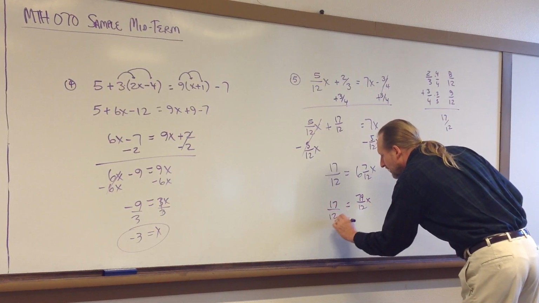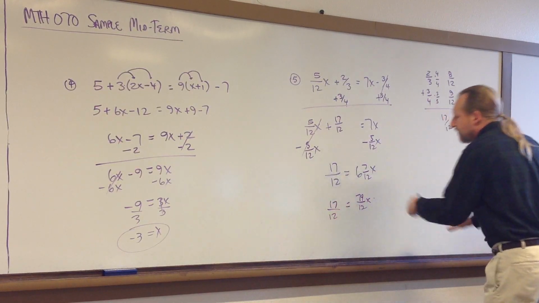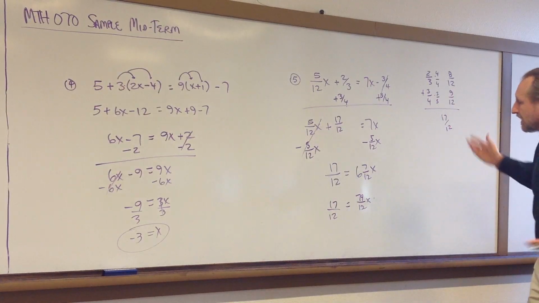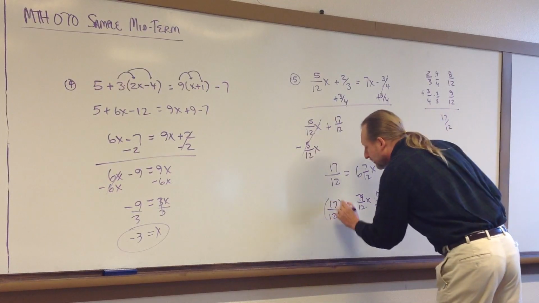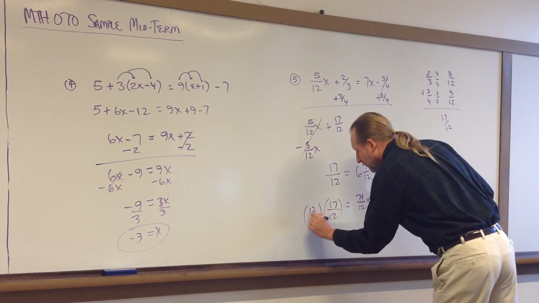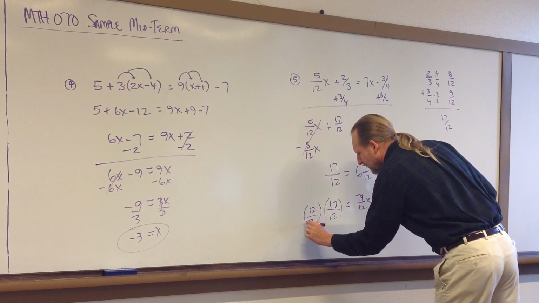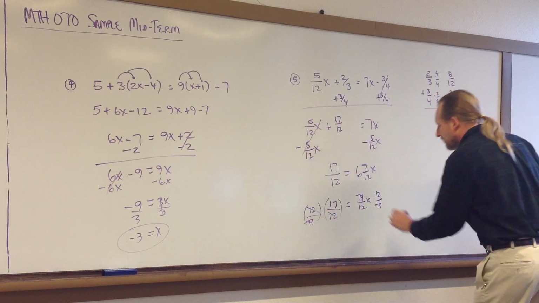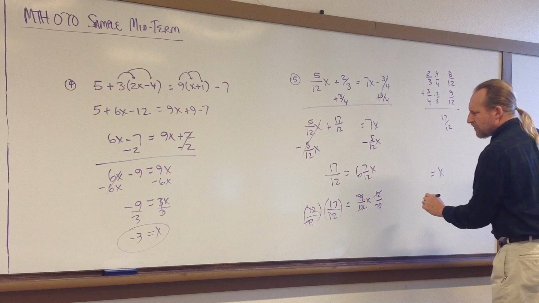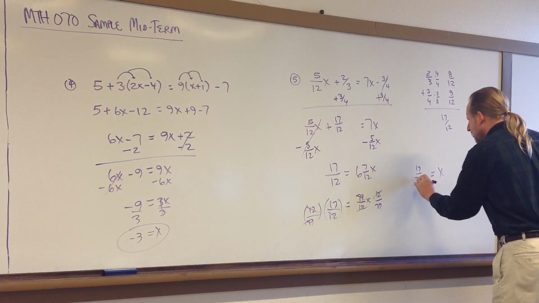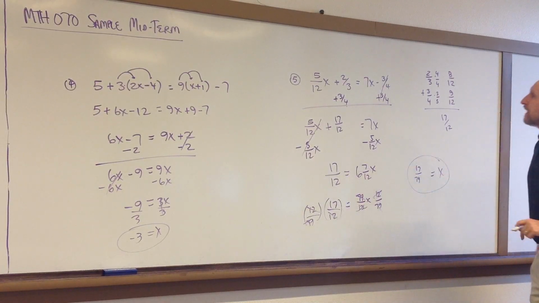This is 17 over 12. Then divide on both sides by 79 over 12. I'm going to multiply by the reciprocal, 12 over 79. Those 12s cancel. Here everything cancels, and we get x is equal to 17 over 79. Wow, well that's an interesting answer.